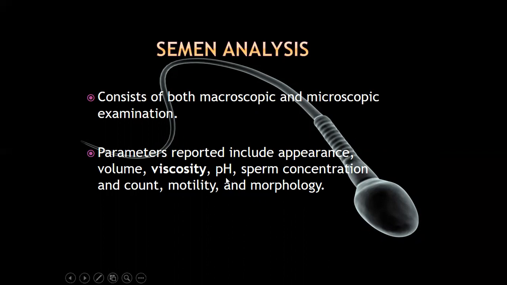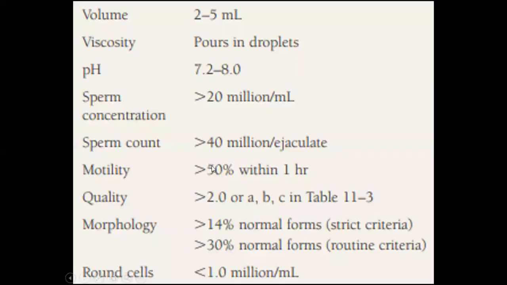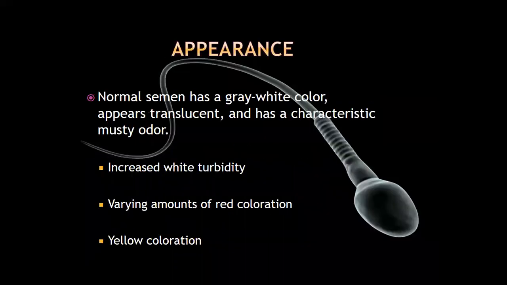Let's identify which one is macroscopic, which one is microscopic. Your volume, the viscosity, the pH, these are macroscopic examination. Whereas your sperm concentration, your motility, the quality, morphology, and round cells are the microscopic examination parameters.